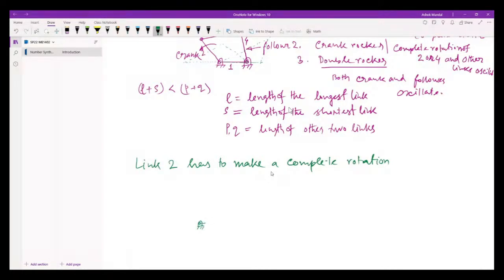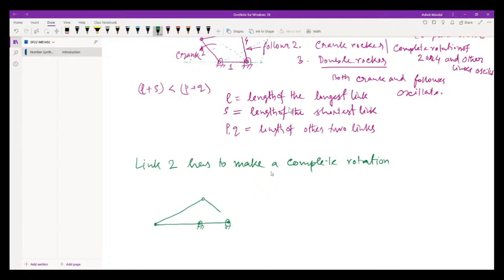I am now drawing, this is link 1 and we are saying link 2 is on the same line with link 1. So this is that line, and then maybe link 3 is like this.